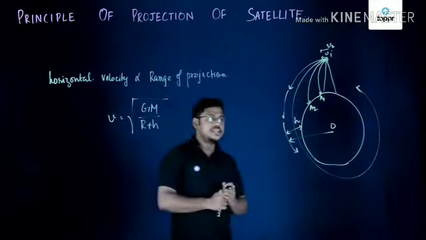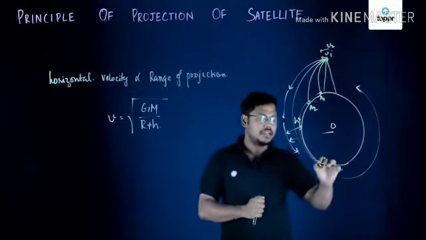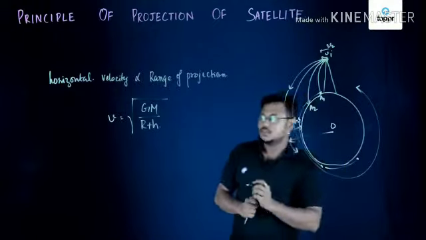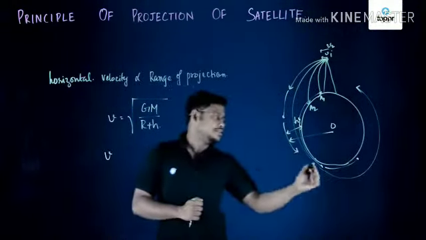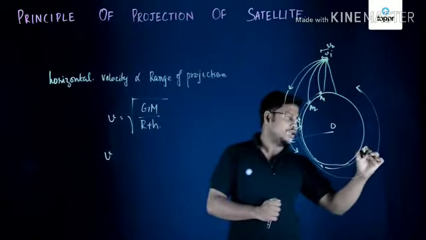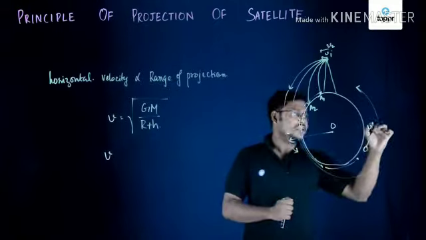Now the case we are interested in: suppose we are going to make the satellite revolve very near to the surface of the Earth. In that case, let's say the velocity of the satellite when it is about to revolve very near to the surface of the Earth is v dash.